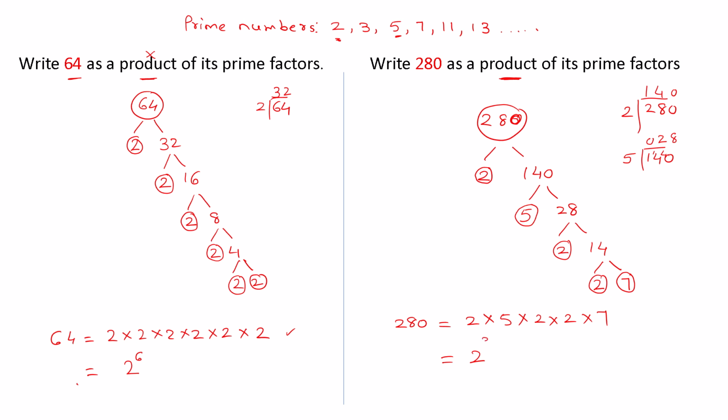So you will write 3 here. Times 5 and times 7. When you multiply these numbers, you get 280. Okay, so when you multiply it, if you get 280, then you're going good. So this is how you find the product of prime factors.